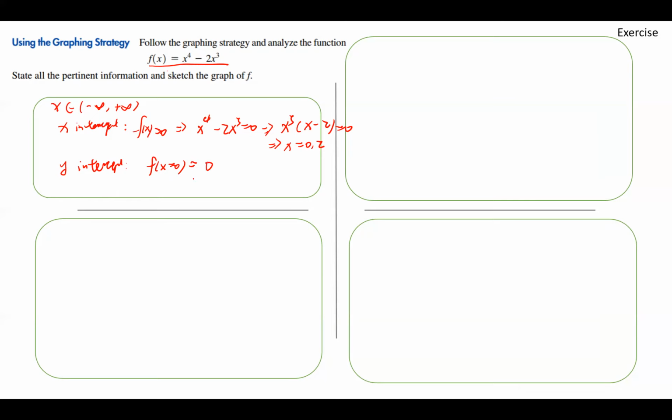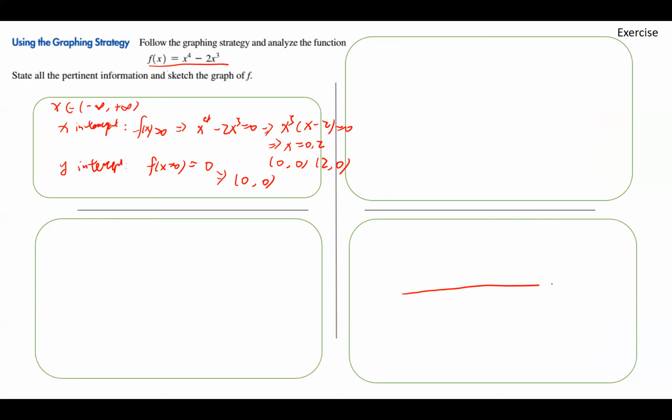So I have two points: x equal to 0, and x equal to 2, also making f equal to 0. What I'm trying to do is find the intercepts of the function with the two axes.